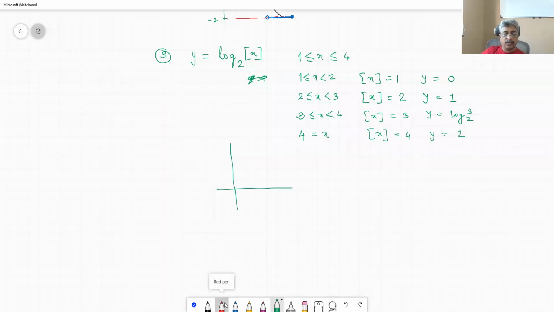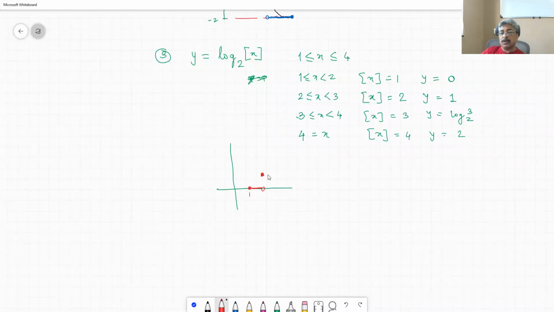So you have 0 when x is at 1, y is equal to 0. And it will continue till 2. At 2, it will be a hollow circle. So this is the first one. When x is equal to 2, y is equal to 1.